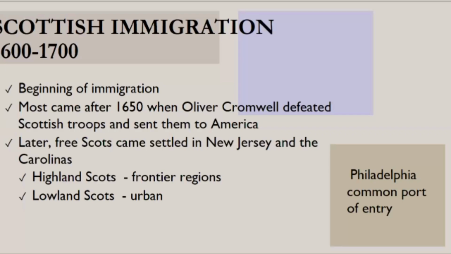Well, during the 1650s, when Cromwell was leading the English armies, they had battles with the Scottish. And unfortunately for the Scottish, the English won. Well, instead of putting them into prisons, they just sent them to the colonies, because at this particular point in time, the colonies were still part of the English Empire.